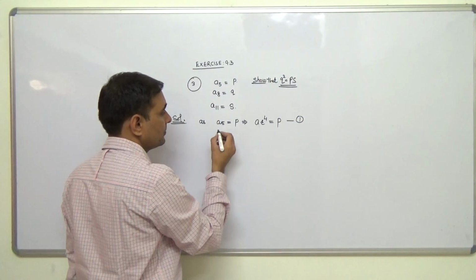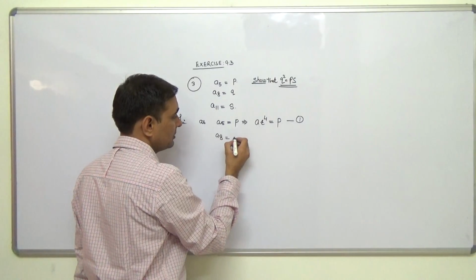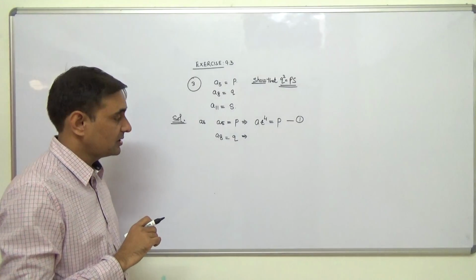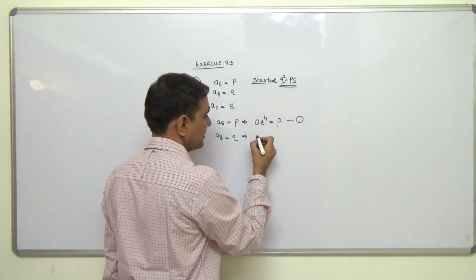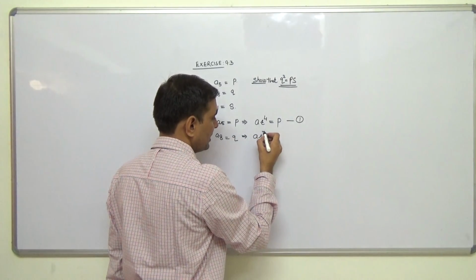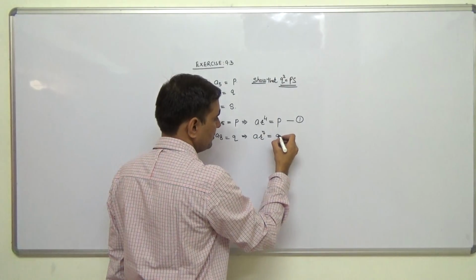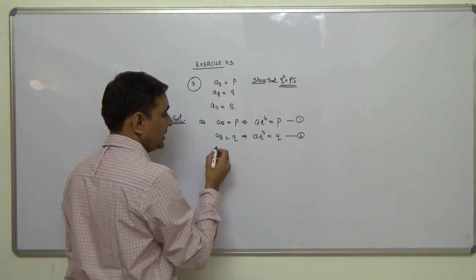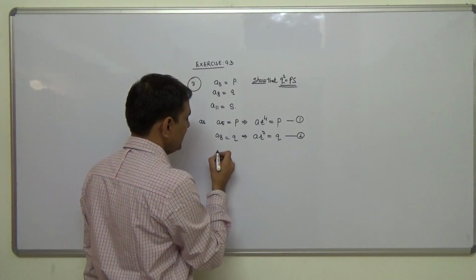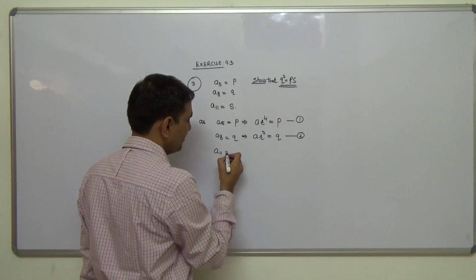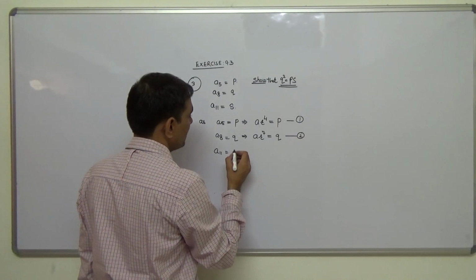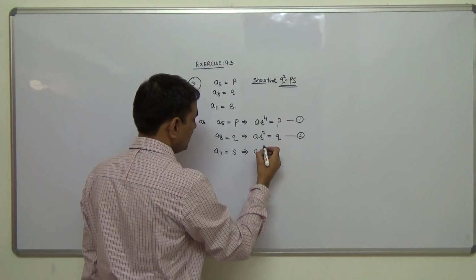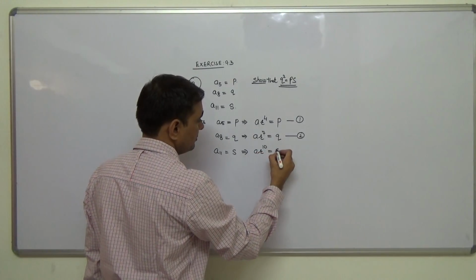A8 is Q. This implies the formula for eighth term will be A into R to the power 7. This is equal to Q. Right? A8 and A11. A11 is equal to S. This implies AR to the power 10 is equal to S.